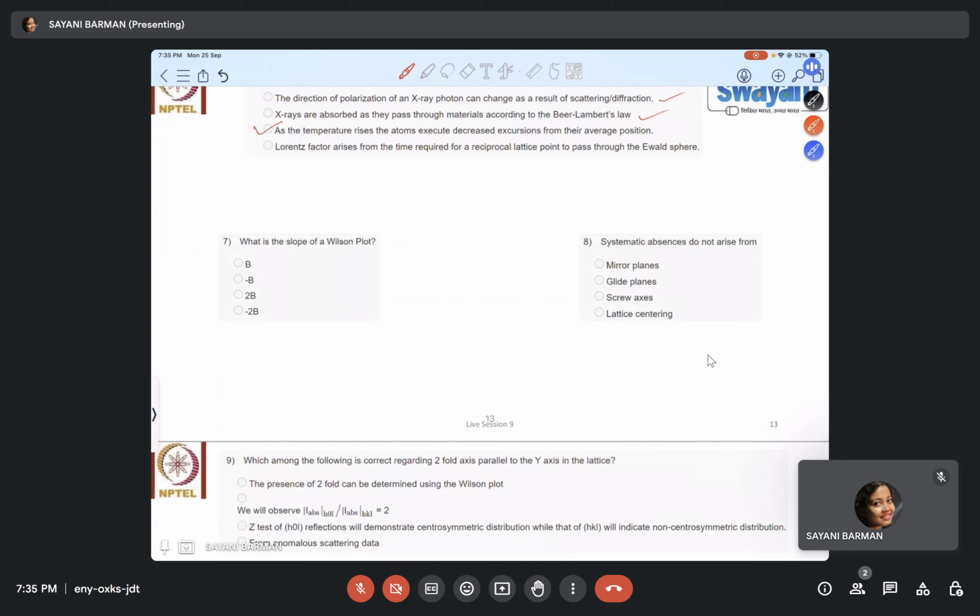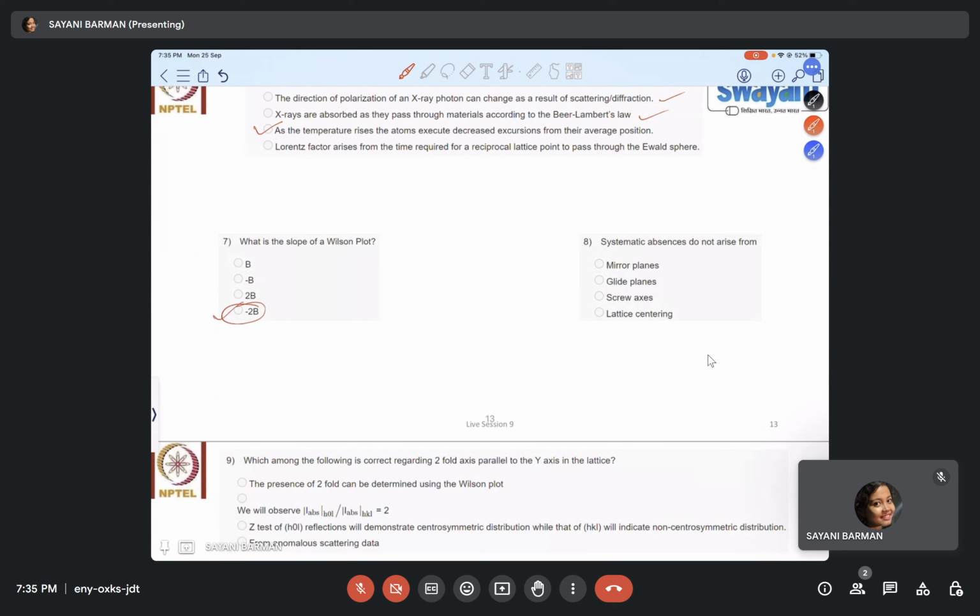Now, what is the slope of the Wilson plot? This is a very easy question. You should always remember that the slope of the Wilson plot is always minus 2B.